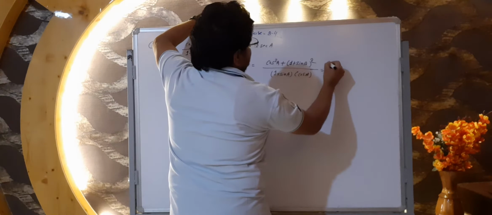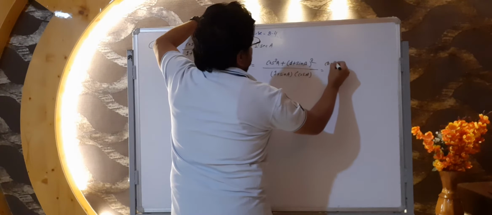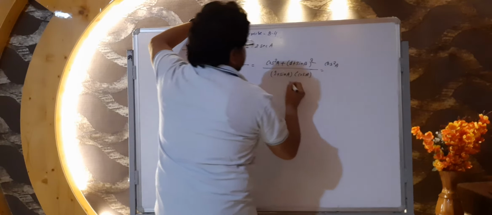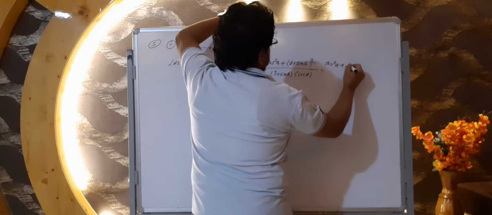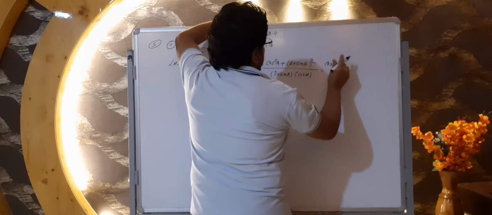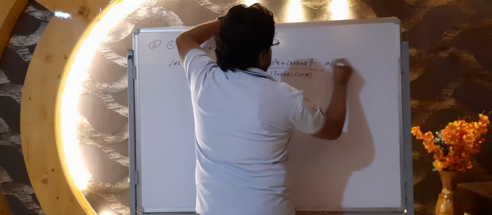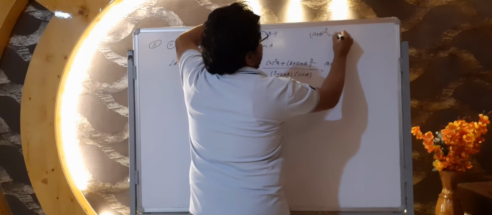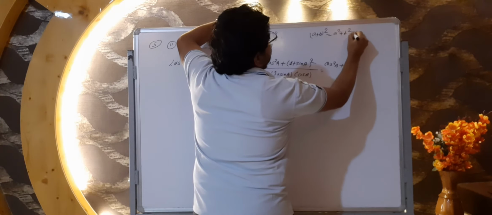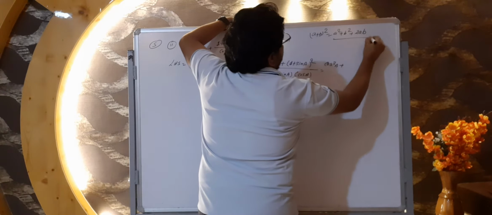this term we can write like this: cos square A plus A plus B का whole square. You know already, A square plus B square plus 2AB.